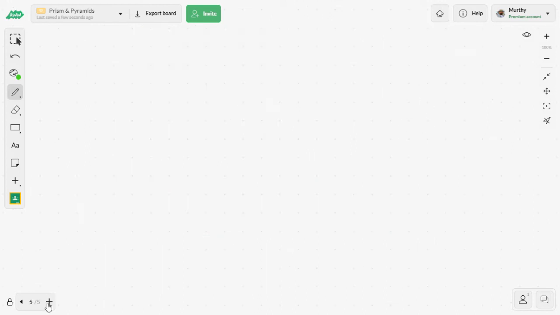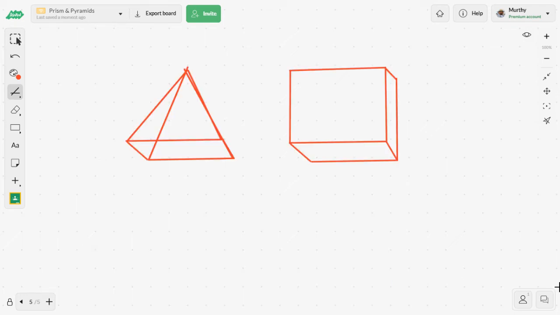Why and how? If you want, let me quickly draw a pyramid and a prism. The shape is not so great, I'm sorry. Let's take that you are given a prism and a pyramid.